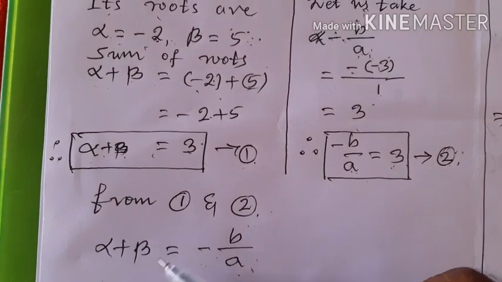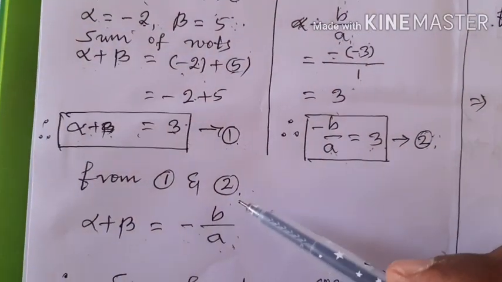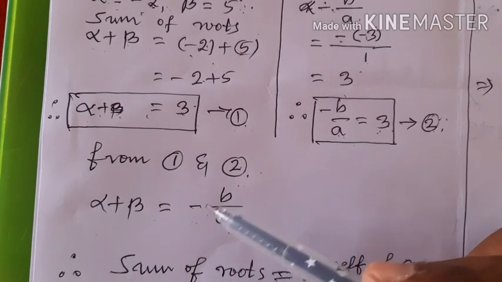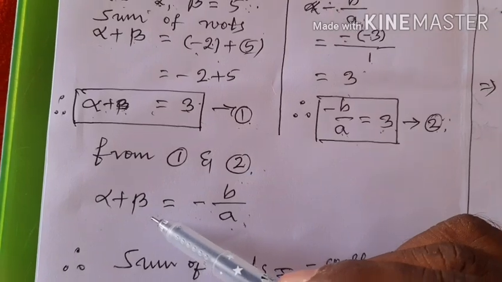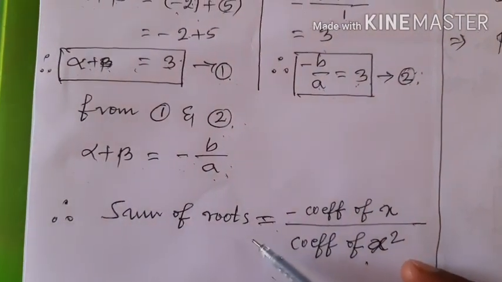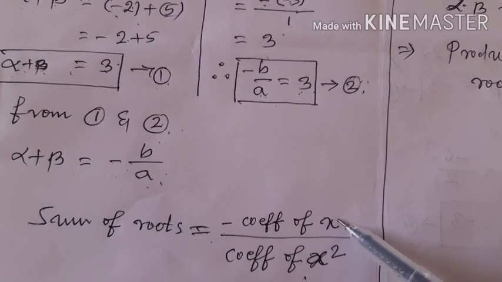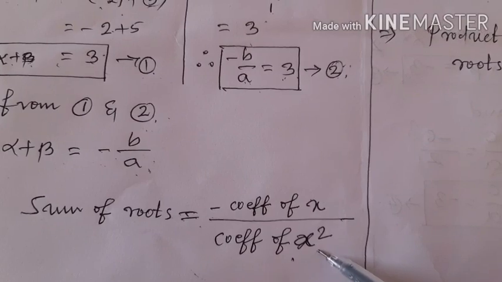That's why without knowing the value of alpha and beta, I can directly calculate the sum of the roots of the equation. How? By taking minus b by a, which is equal to sum of the roots. So sum of the roots is equal to what? Minus coefficient of x upon coefficient of x square. Is it clear?